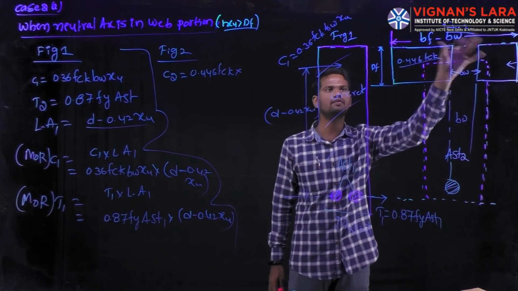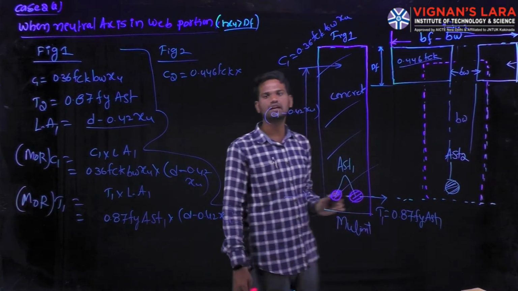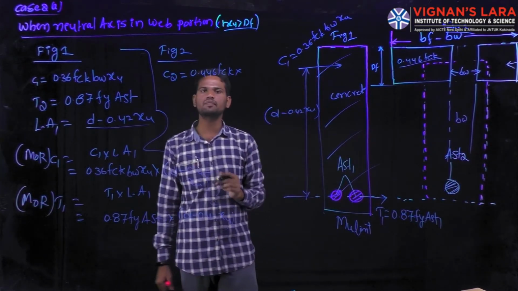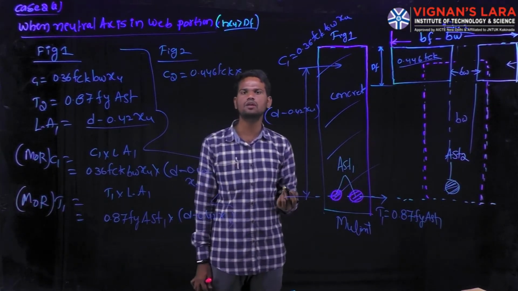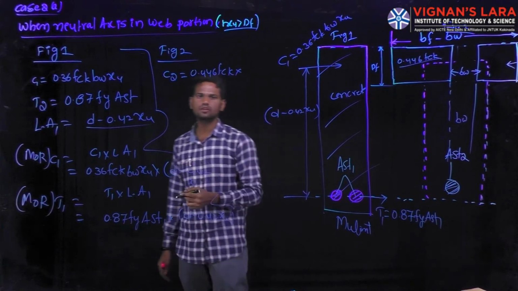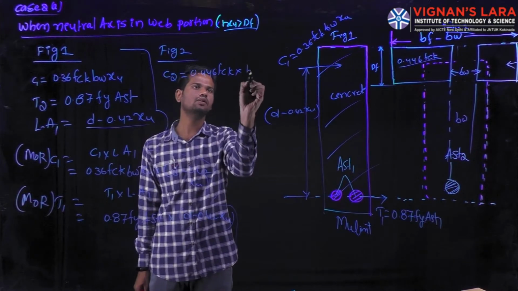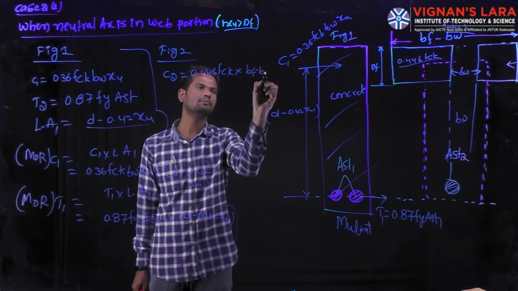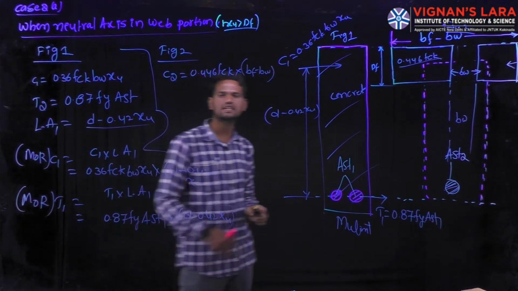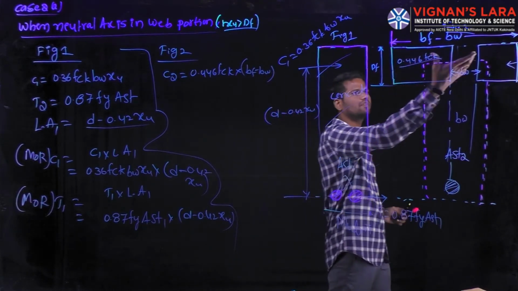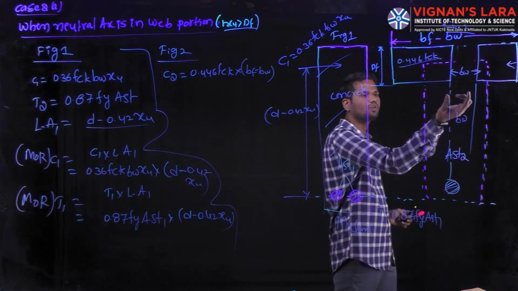This is the width of the beam and df is the depth of the beam. For this rectangular portion, the area equals length into breadth, or width into depth. That means 0.446 into fck into bf minus bw, that is, the total width of the flange minus the width of the web.